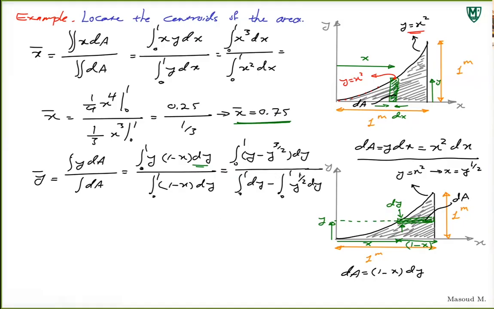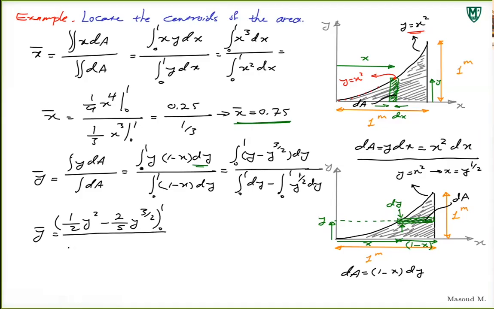Then your job is to calculate this integral now. That's relatively straightforward. Looking at the numerator, the integral becomes 1 over 2 y squared minus 2 over 5 y to the 3 over 2, evaluated from 0 to 1.